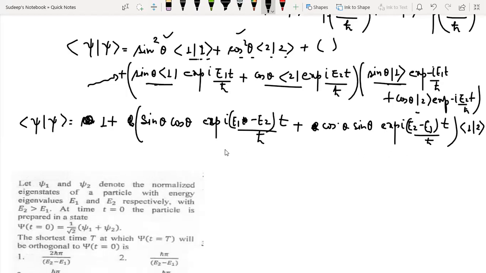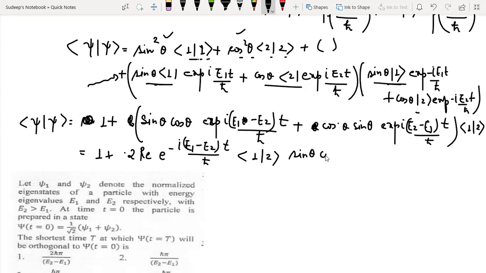This will give you 1 plus, if I take sine theta cos theta common, exponential iota theta plus exponential minus iota theta, which is 2 times cos theta, so 2 times the real part of exponential minus iota (E1 minus E2) t upon h bar ket, times bra 1 ket 2.